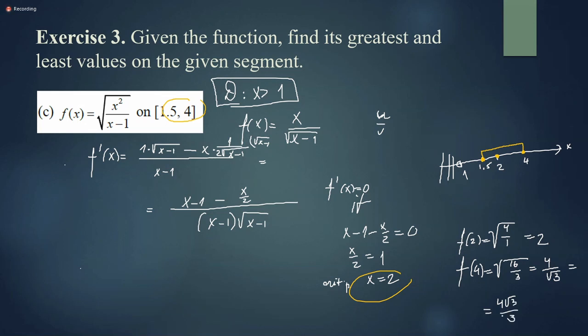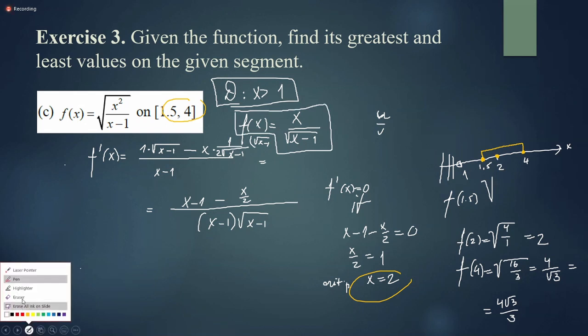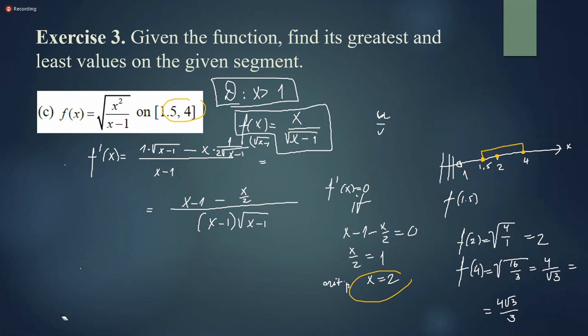And finally, the one that I don't particularly like, but I tried to avoid it, postpone it. I couldn't. I have to do it. F of 1.5. I don't need a square root. I can use this form, in fact, which I will do, so that my square root is not so big, not so complicated.